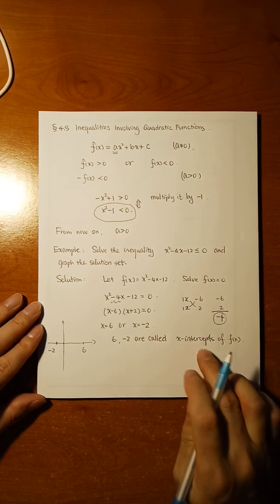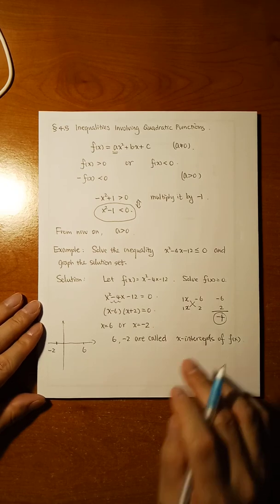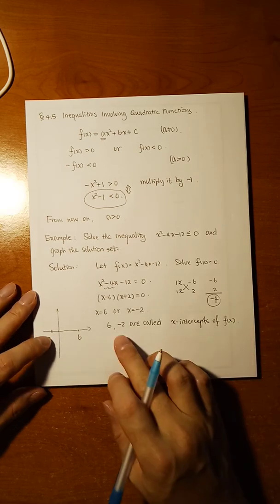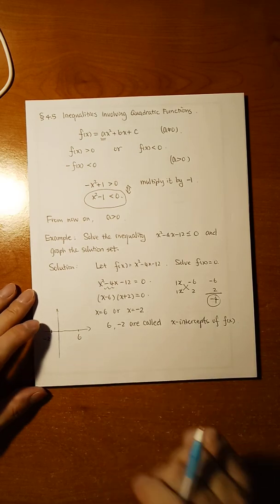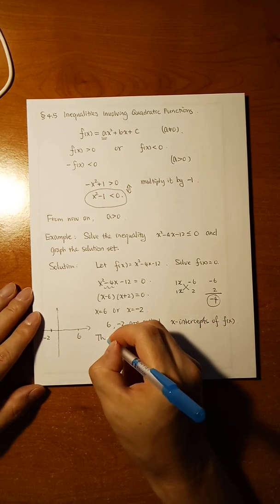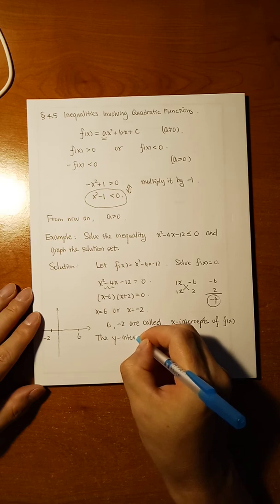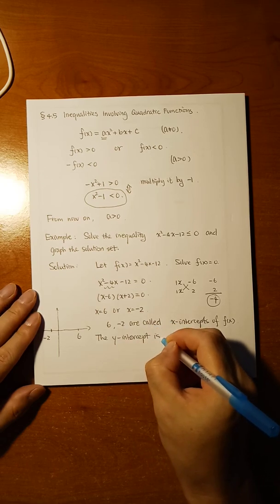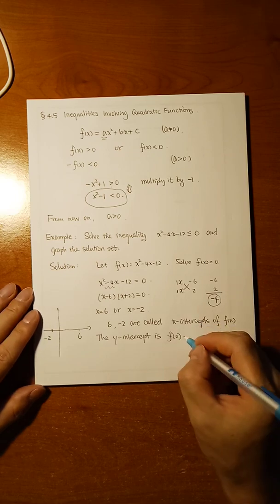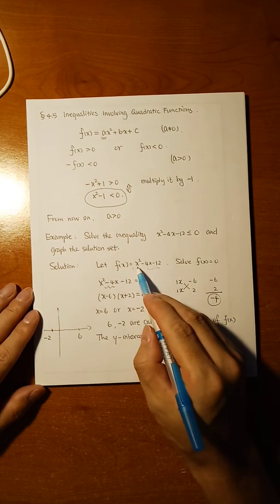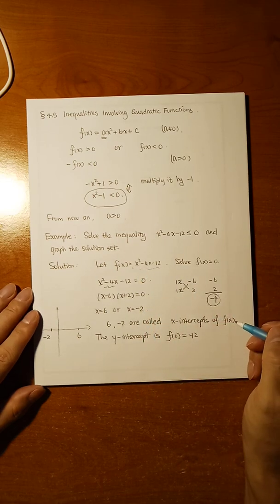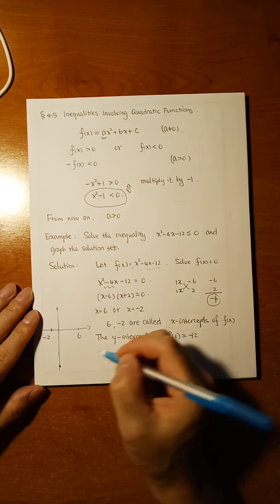We will see this concept again, but here we just mention they are called x-intercepts, -2 and 6. And of course, there is another concept called y-intercept. The y-intercept is always f of 0 if 0 is in the domain. You let x be 0, it becomes 0 squared minus 0 minus 12, which is equal to -12. So it is possibly here.